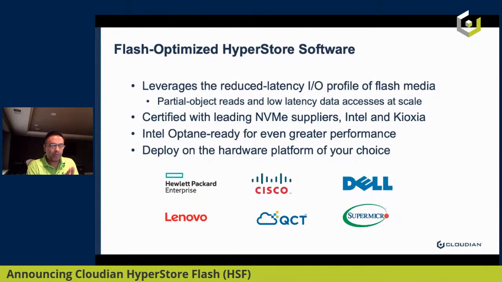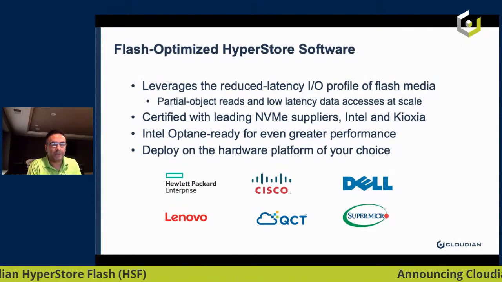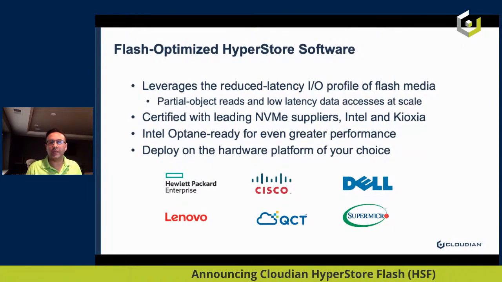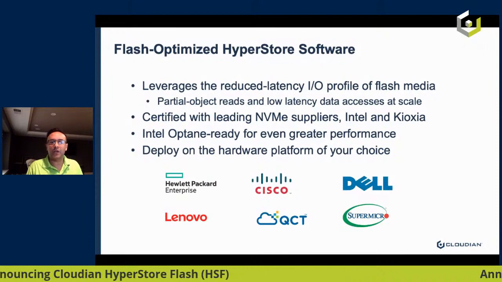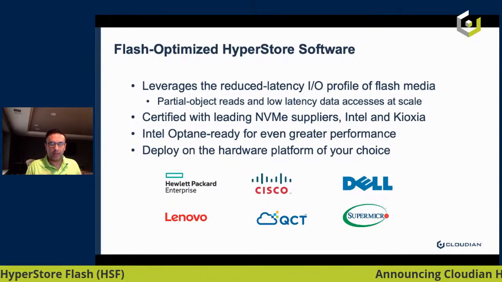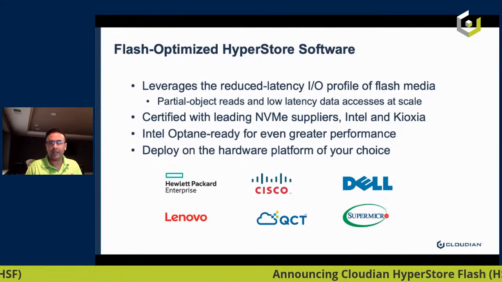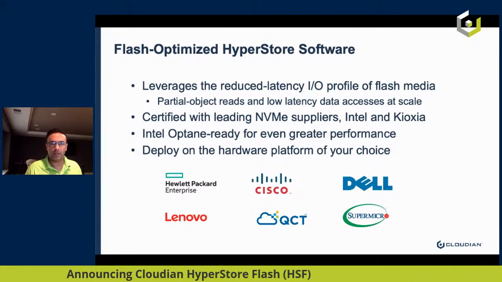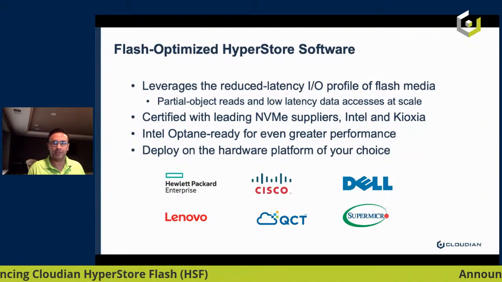Anytime you introduce flash into your storage stack, there are two things that you start looking at in terms of optimization, because your internal read-write IO profiles are very different. Unlike with spinning drives, you don't have to wait for the IOs to get committed and the sectors and all those things.